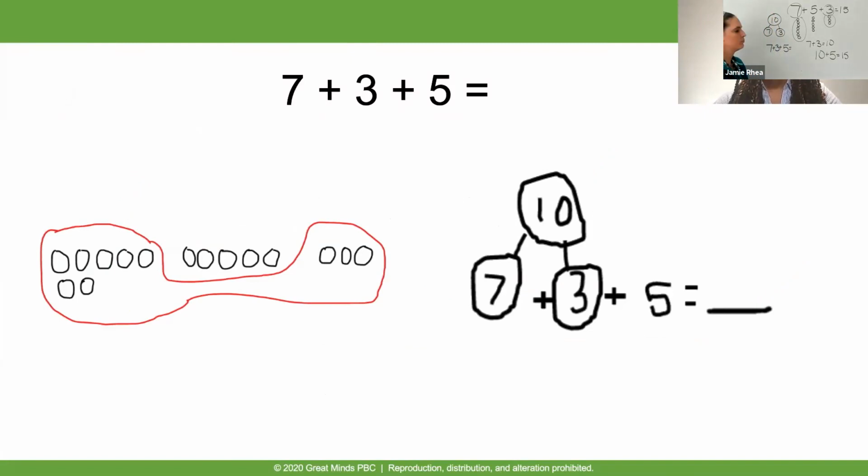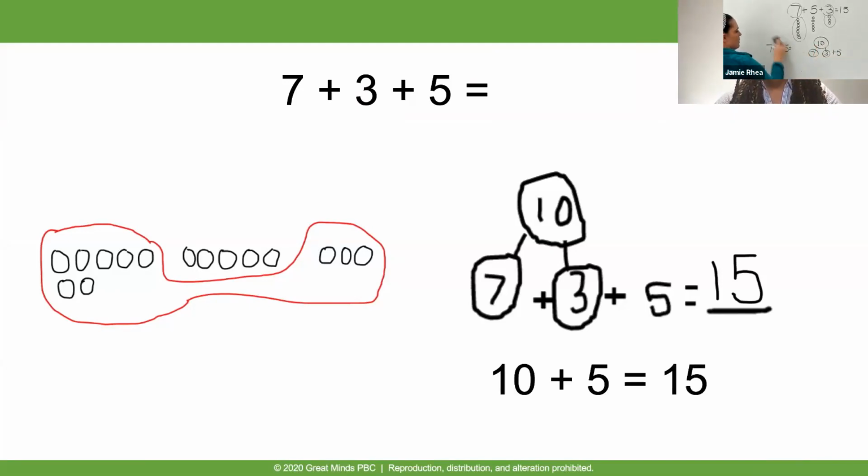So we just showed 10 and that 5 more, which equals, whisper it to me. It equals 15. A number sentence to show how we solve this problem would be 10 plus 5 equals 15. Great work, mathematicians. Let's try a few more together.